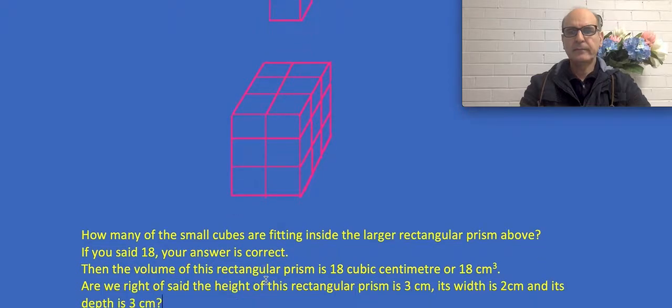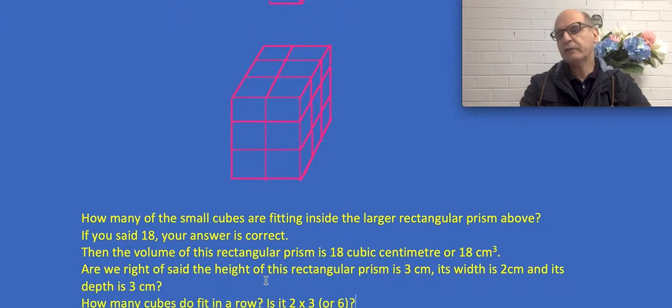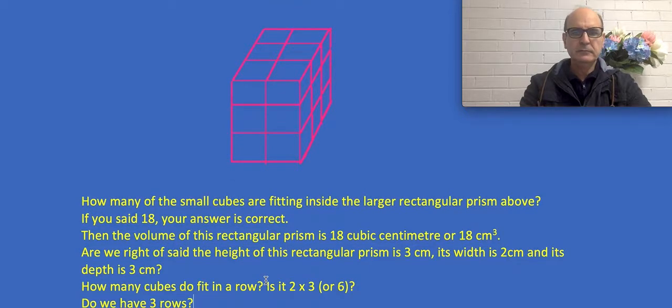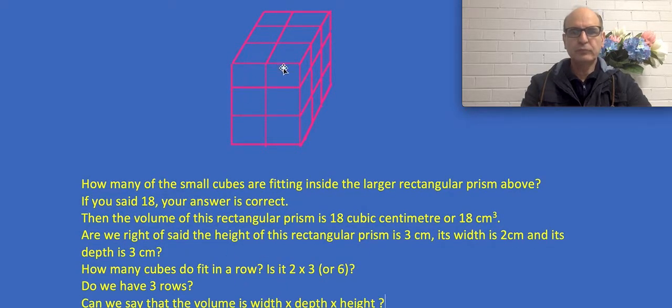But how can we do that without actually counting? We are not going, in real life, to put small cubes inside and see how many of them fit. So we can do that by calculations.